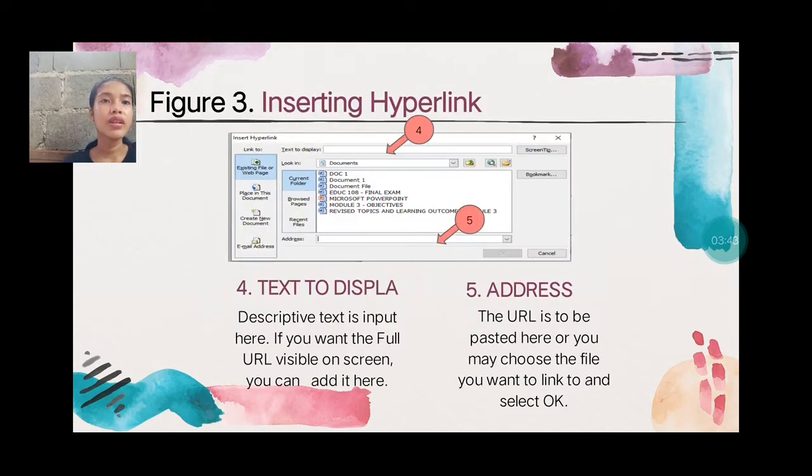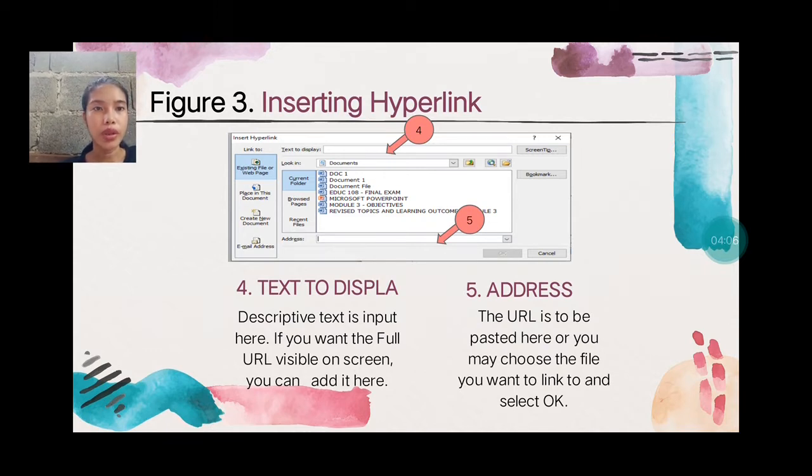So I have here the steps in inserting hyperlinks. Number four, as you can see here, is the text to display. Look at the arrow. That is where descriptive text is input, so you can input the descriptive text you want.